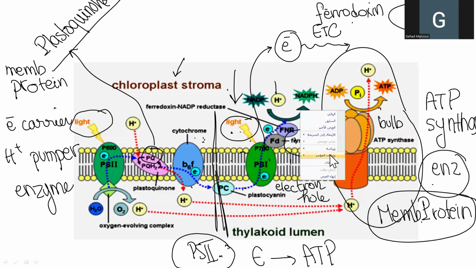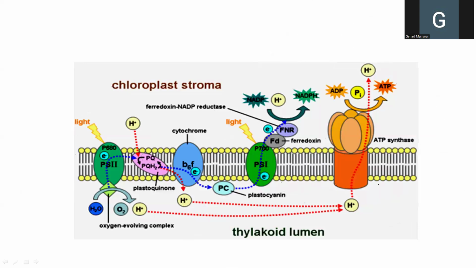And this is very important. We have said this just to remind you that at the end of the photosystem 2 electron transport chain, ATP molecules are generated.